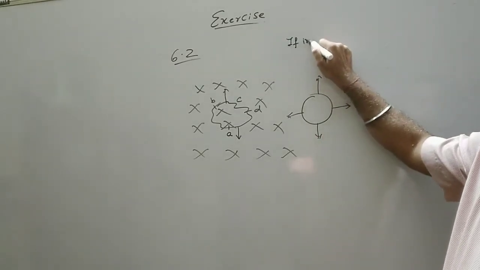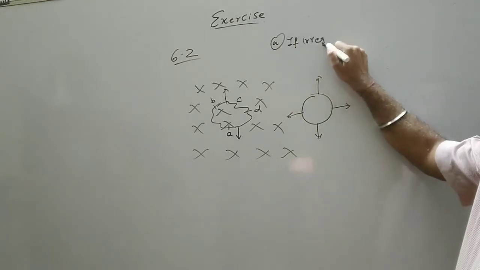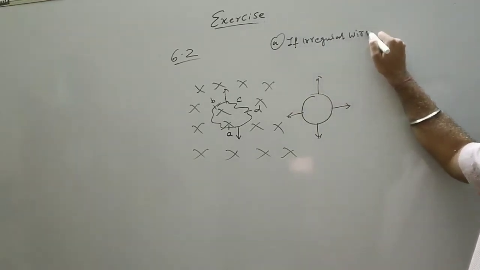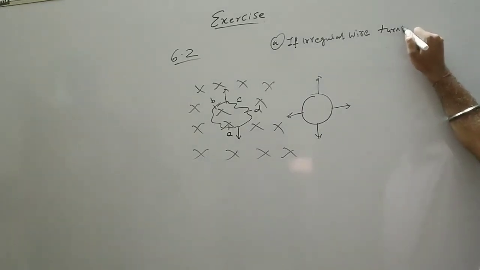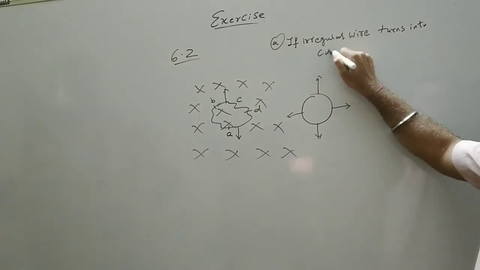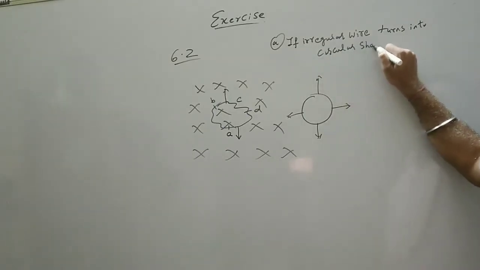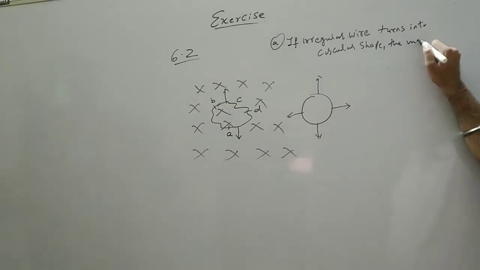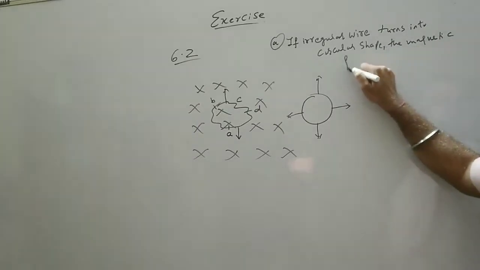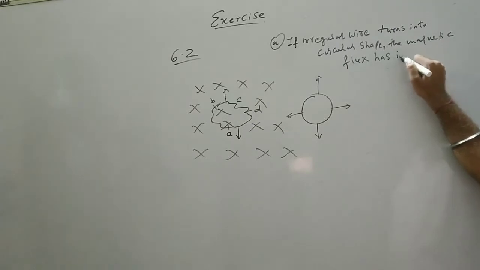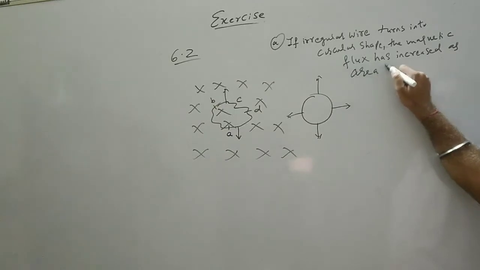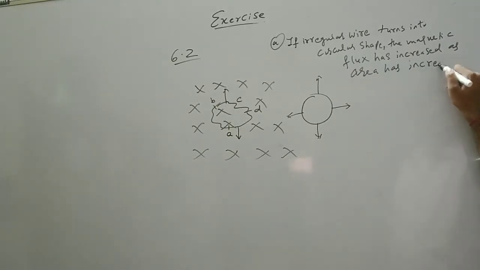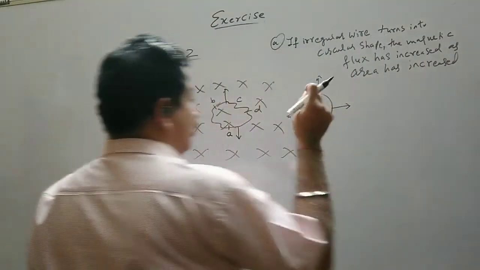So if irregular wire turns into circular shape, the magnetic flux has increased as area has increased. So the flux increased means more number of field lines will pass through it.